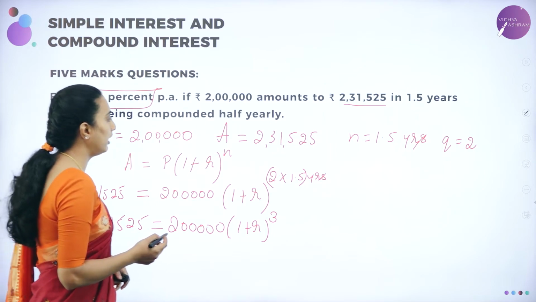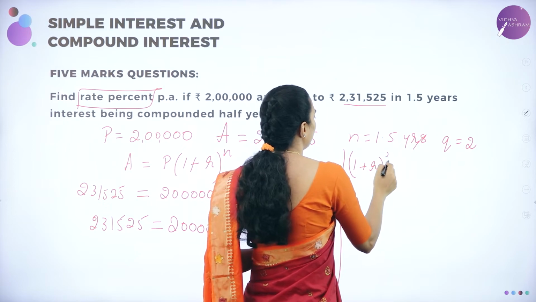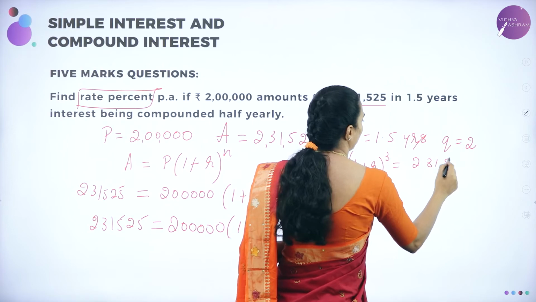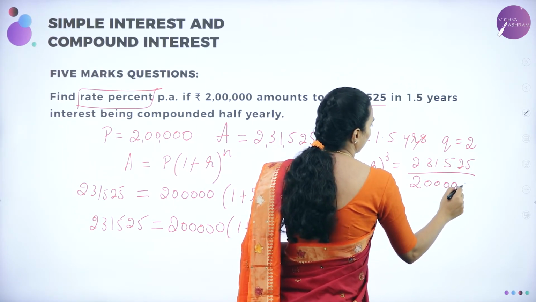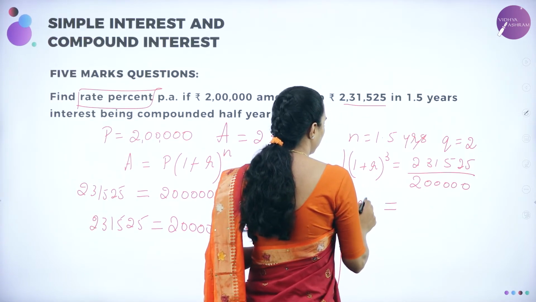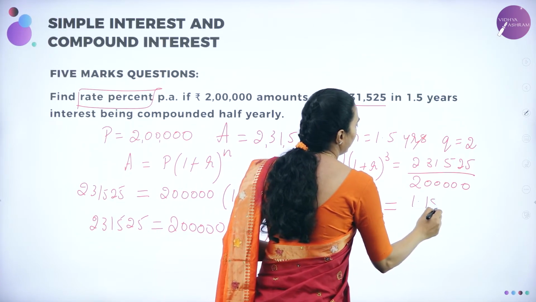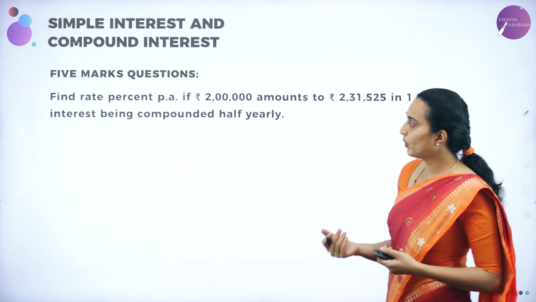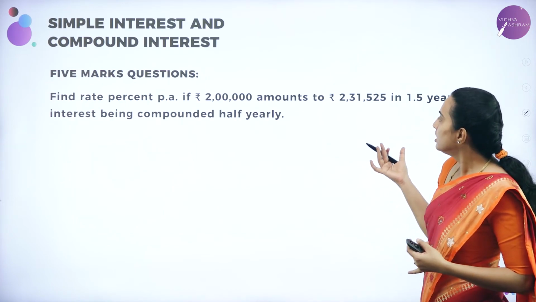Therefore, I can calculate this: 1 plus R whole cube is equal to 2,31,525 divided by 2 lakh, which is 1.157625, okay?